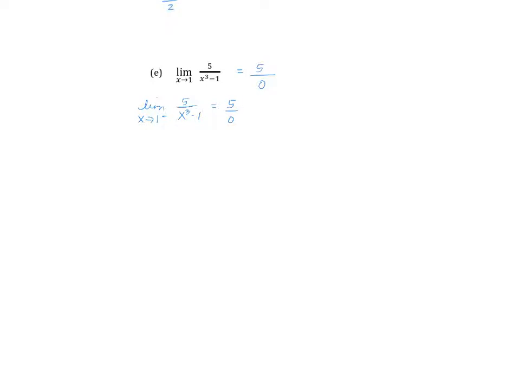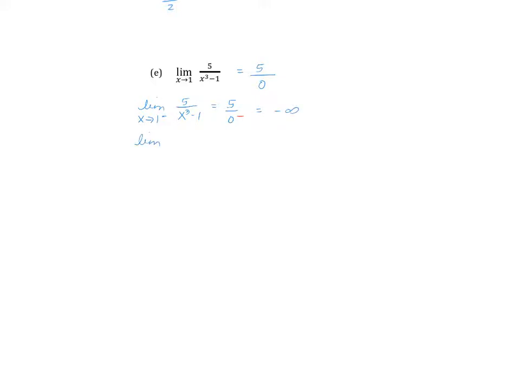So now I need to determine whether that 0 is positive or negative. I'm approaching 1 from the left, so numbers smaller than 1. What's going to happen is my denominator is actually going to be negative. Positive over negative is going to give me a negative infinity.